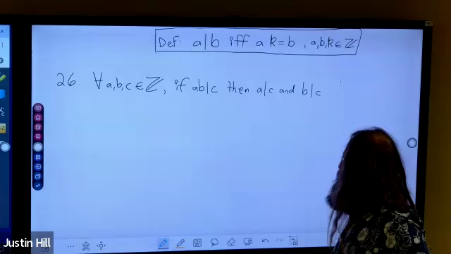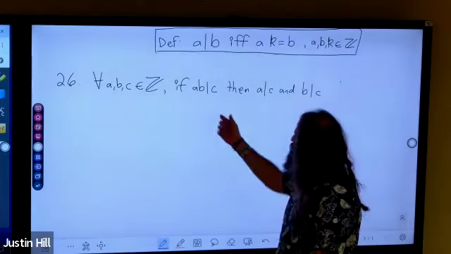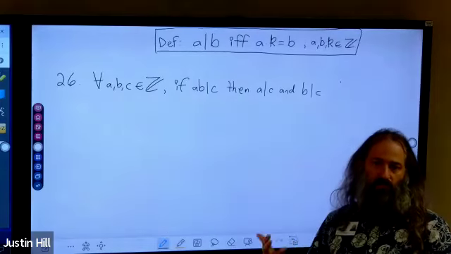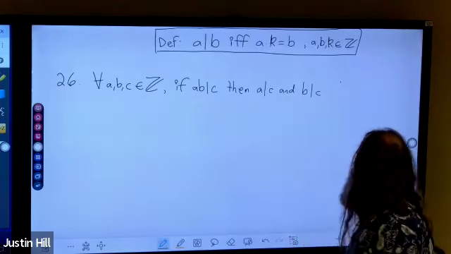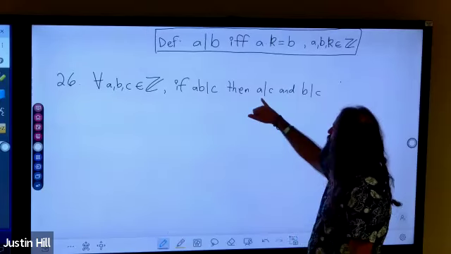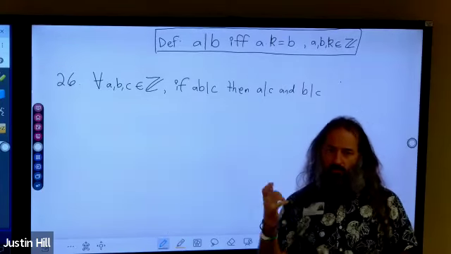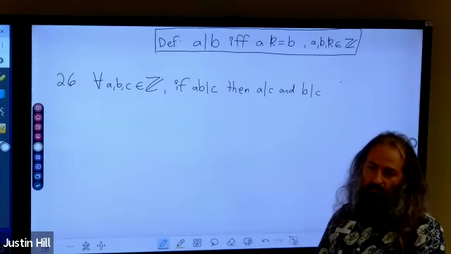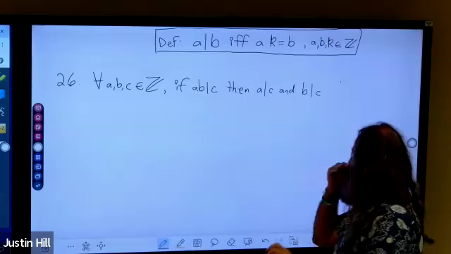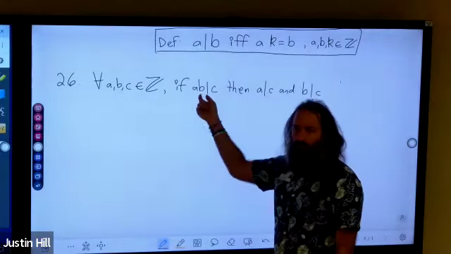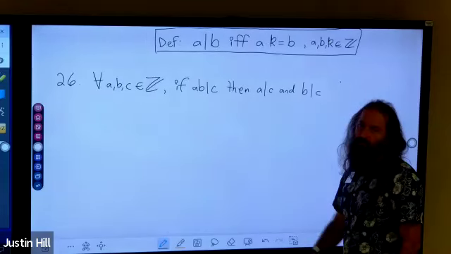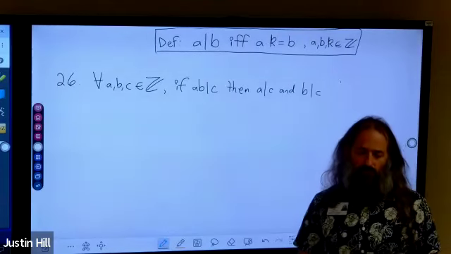Here, what they're trying to say is if I've got two numbers, if the product of two numbers is a factor of C, if it divides C, then each of those two numbers divides C itself, or is a factor. So if the product of two numbers is a factor of C, then each of those two numbers separately has to be a factor of C.